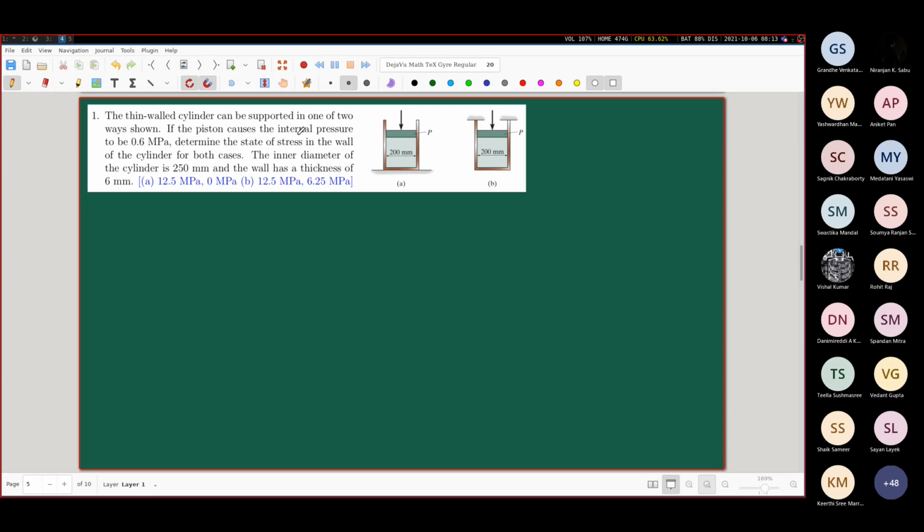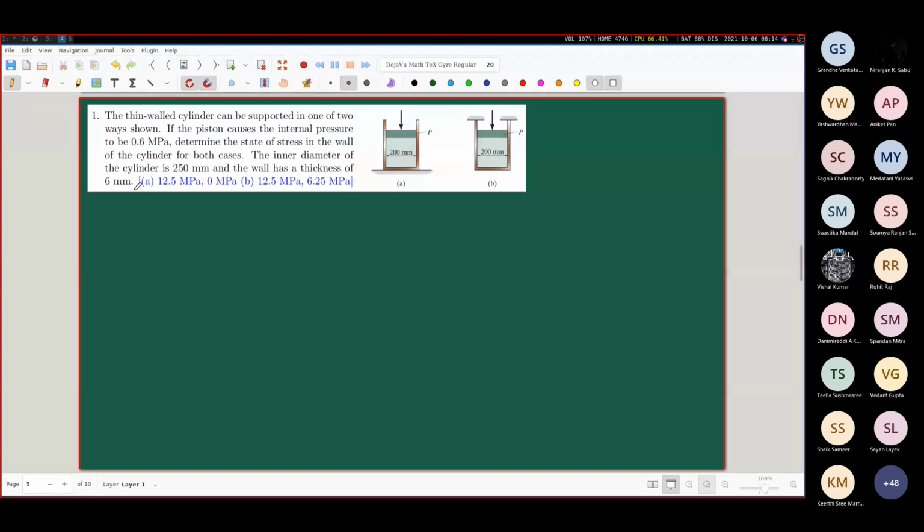If the piston causes the internal pressure to be 0.6 megapascals, determine the state of stress in the wall of the cylinder for both cases. So this is the cylinder. What are the stresses which are generated there in both these cases? And the dimensions, of course, are given. Please note the dimensions here. The inner diameter of the cylinder is 250 mm and the wall has a thickness of 6 millimeters.